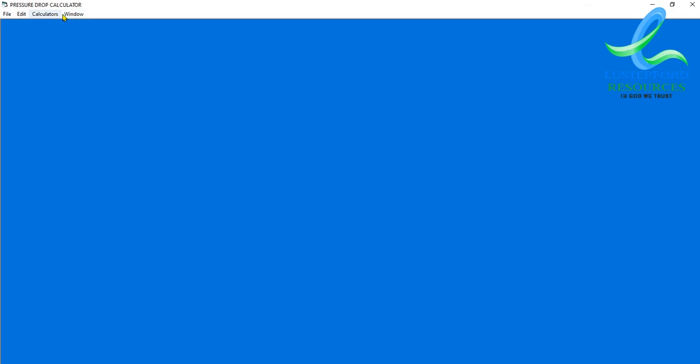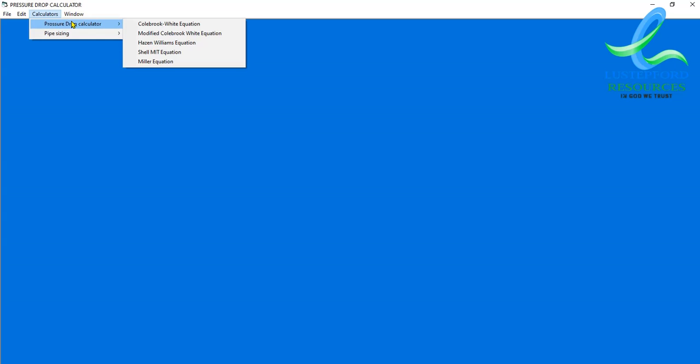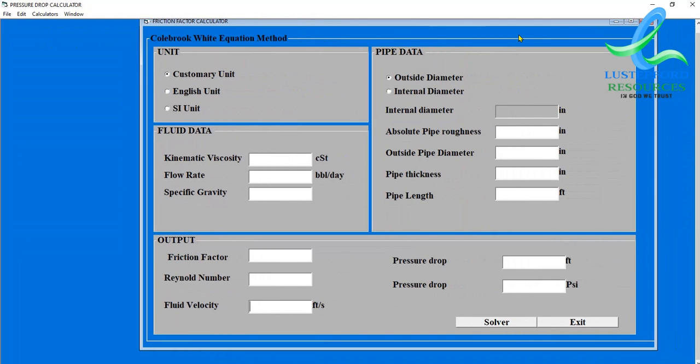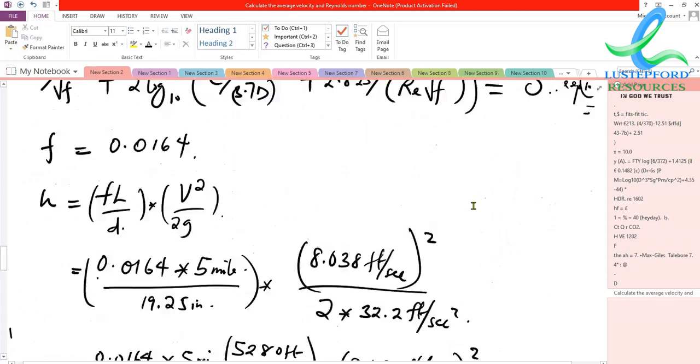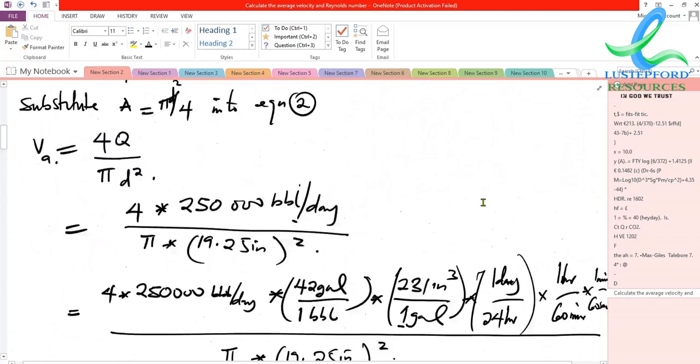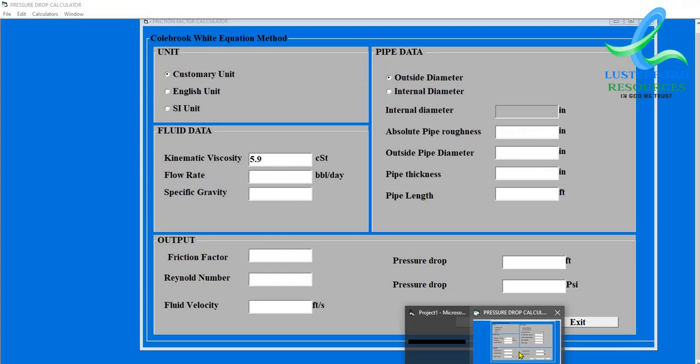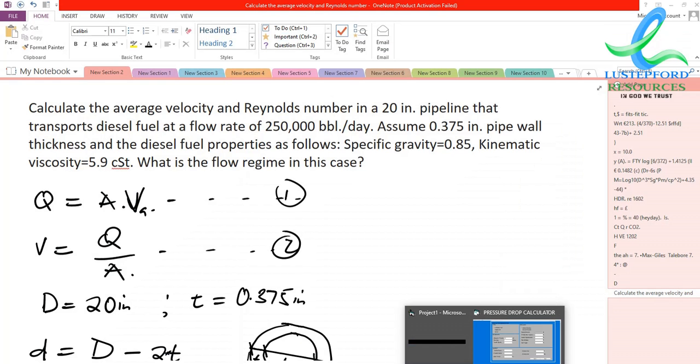So, the pressure drop calculator. Using this, we have this to be 5.9.